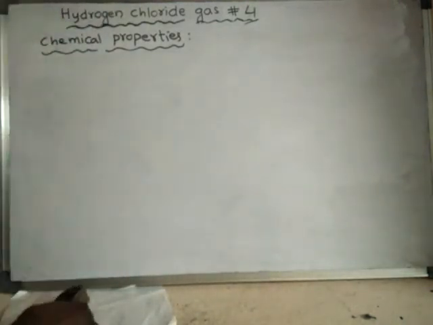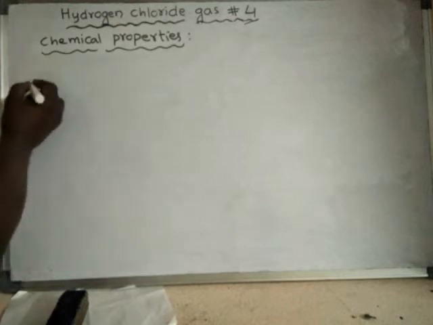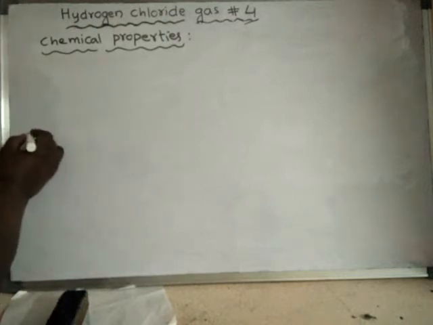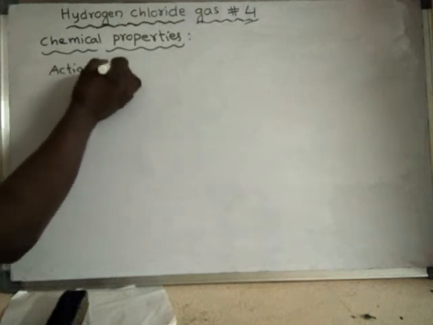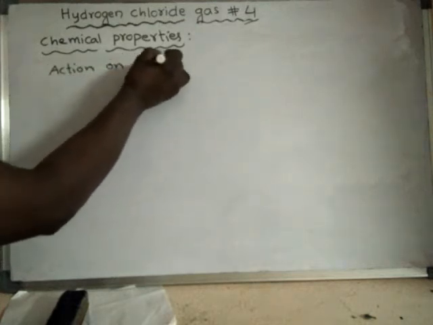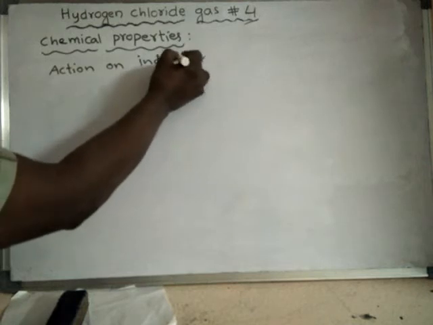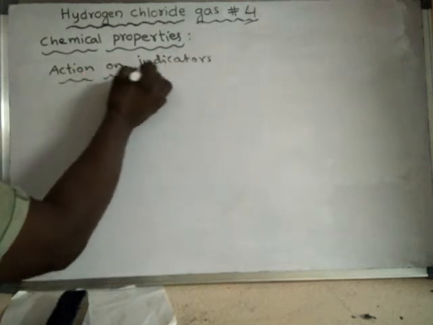Now the next chemical property is action on indicators.